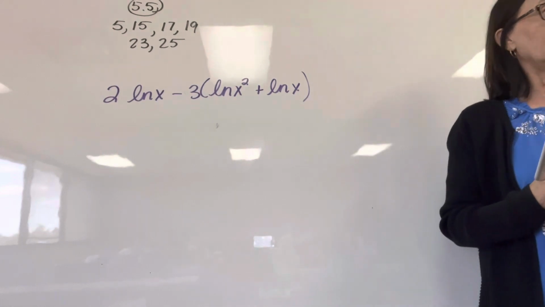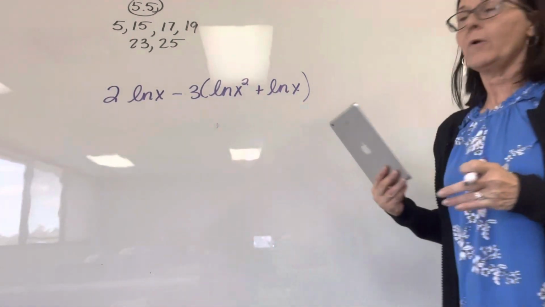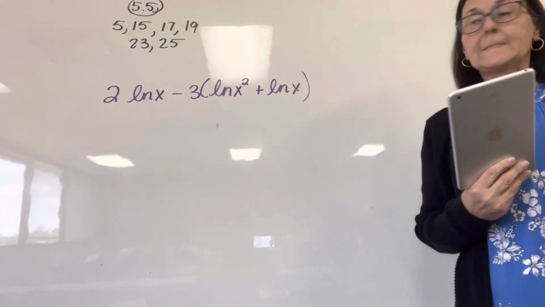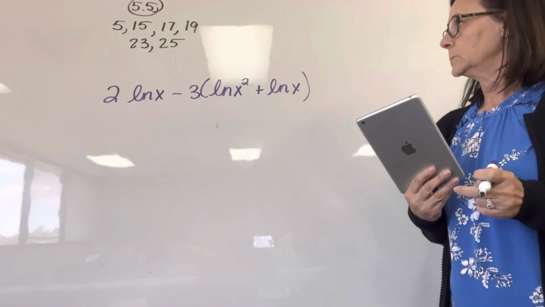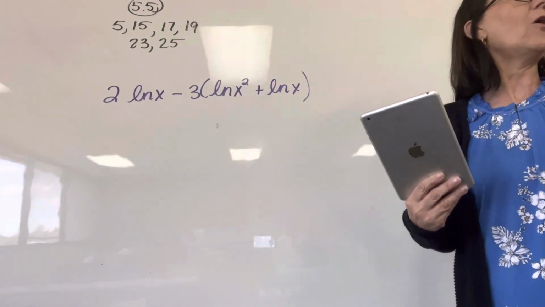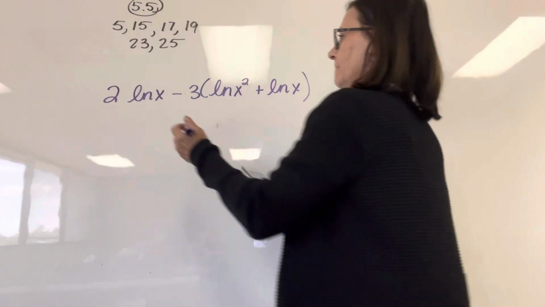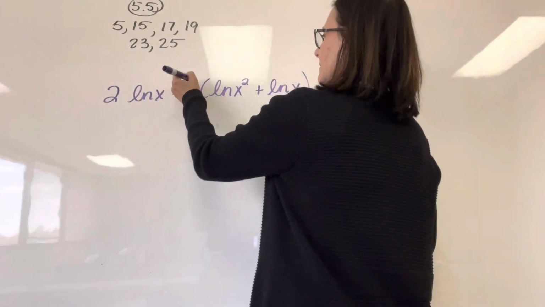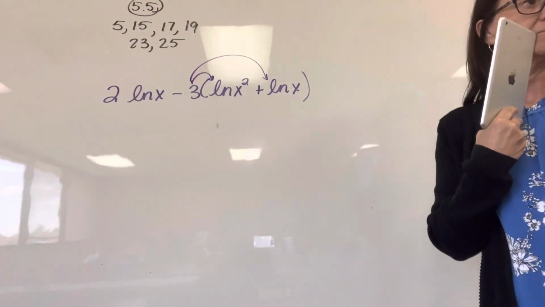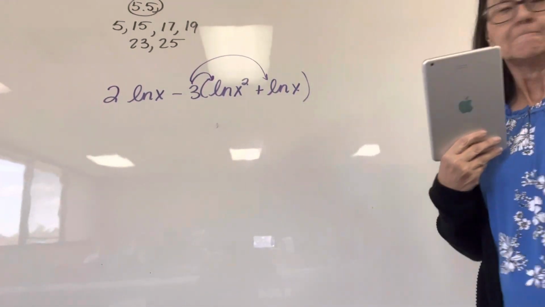What do I do with the parentheses? You multiply the arguments. What did you do? Distribute. You can distribute, or yes, you can multiply. I probably would have distributed first, but you're going to get the same answer.